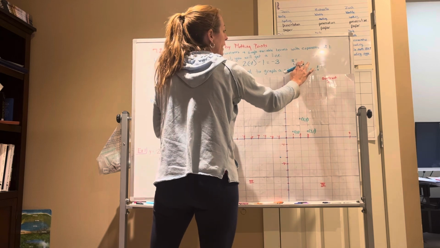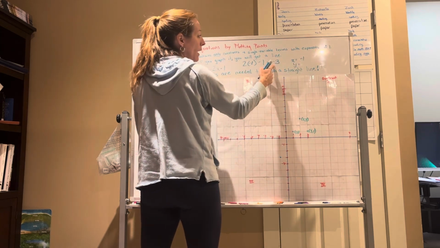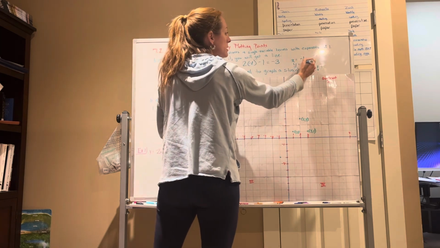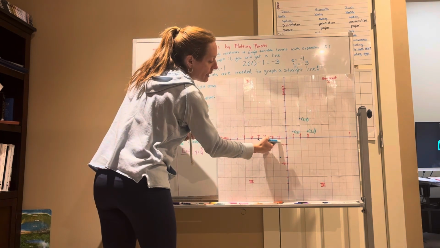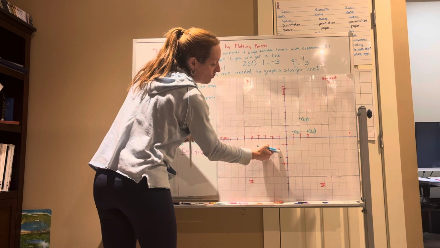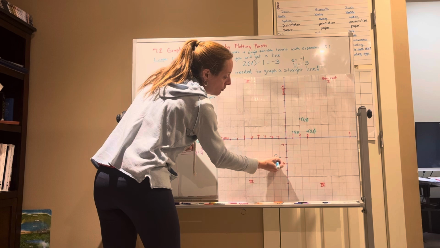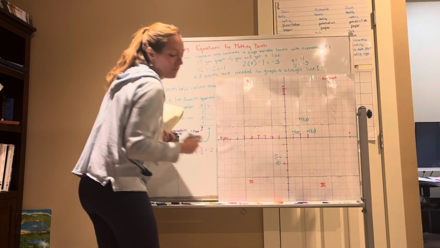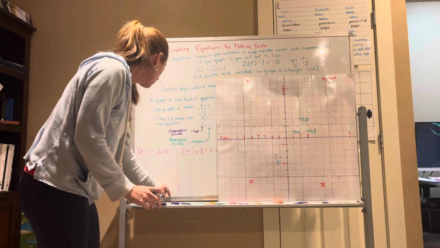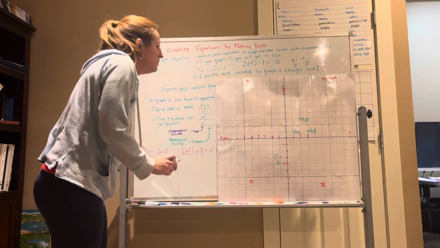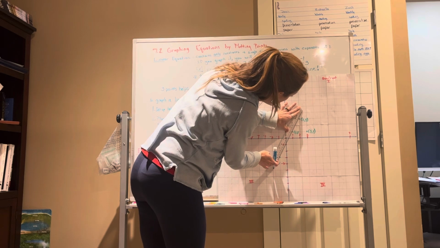So our x was -1, and our output, our y, was -3. So we go -1 on the x-axis, and -1, -2, -3 on the y. We get -1, -3, and that can help make sure that our line is accurate.